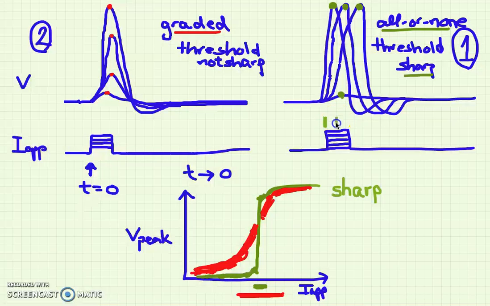And you can see that this is about that long in the case of the first action potential, quite a bit longer in the case of the third full-size action potential. This time is often referred to as a latency.